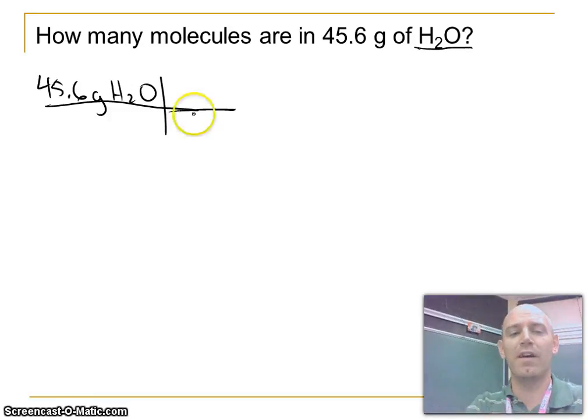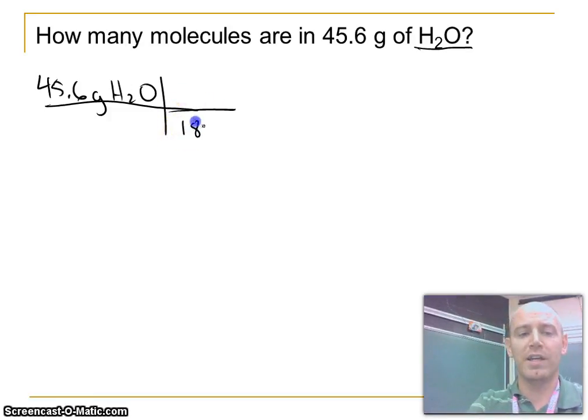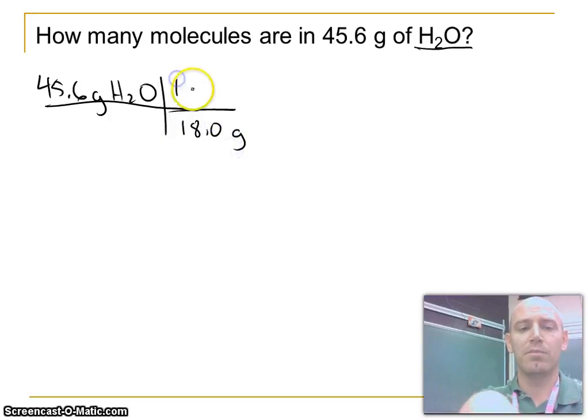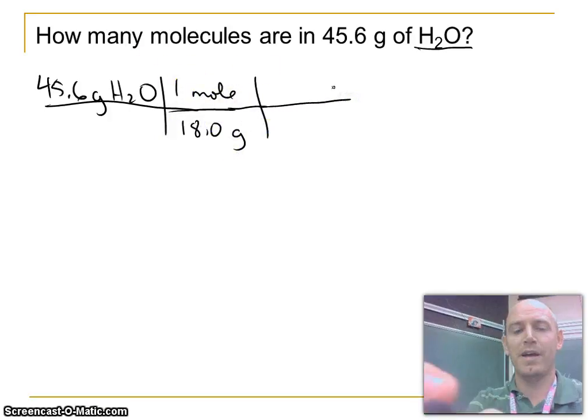So 45.6 grams of water. Water is 18.0 grams per 1 mole. I've already calculated the molar mass.